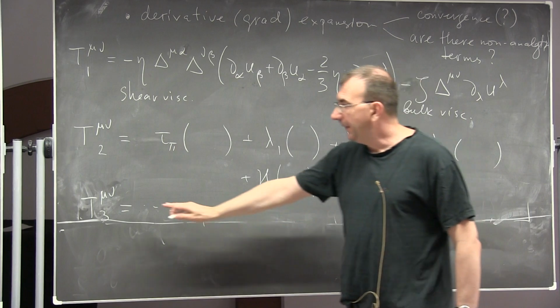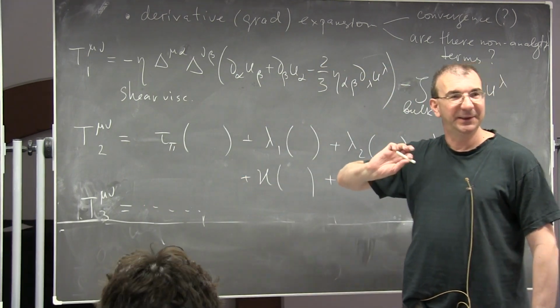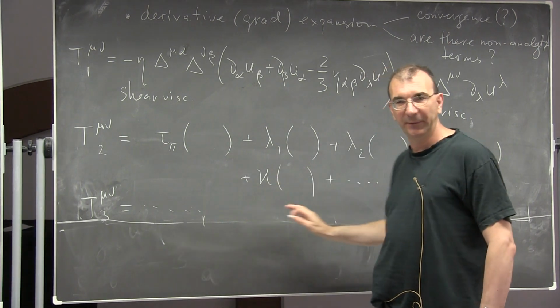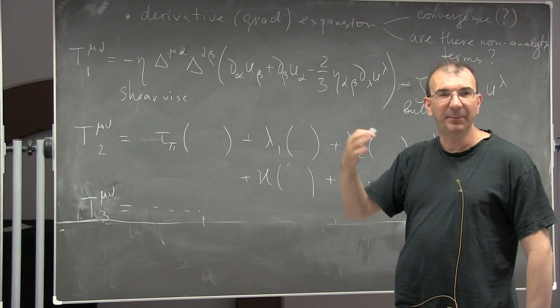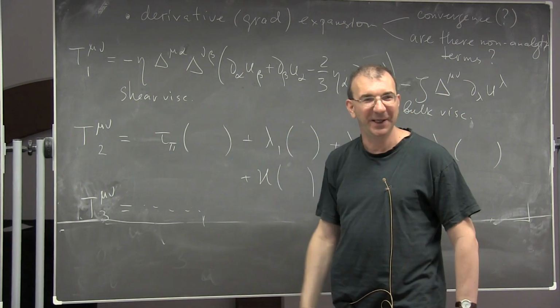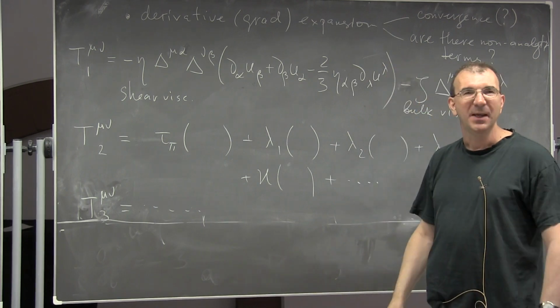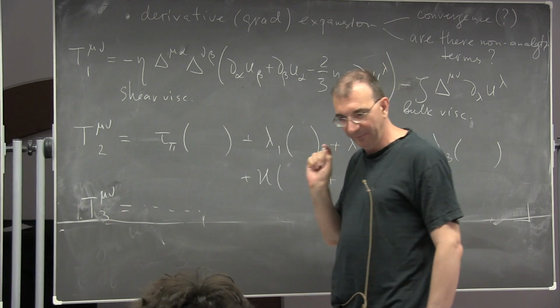But for T mu nu 3, only partial information exists. So all tensor structures were written down with three derivatives, and the number of transport coefficients is something like 64. So it grows with k pretty significantly. But there is another piece of analysis which has to be done.